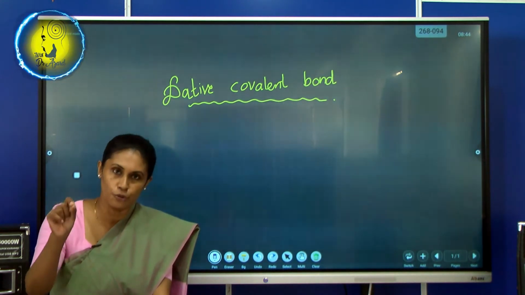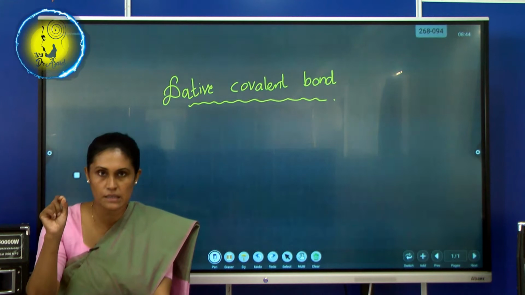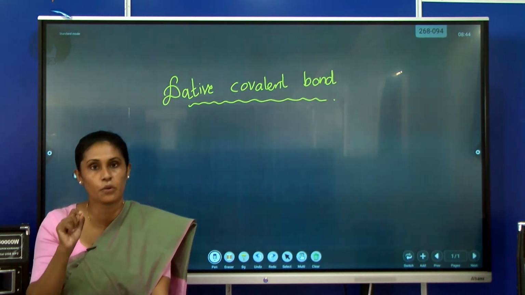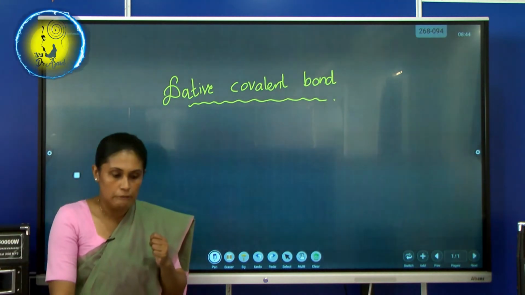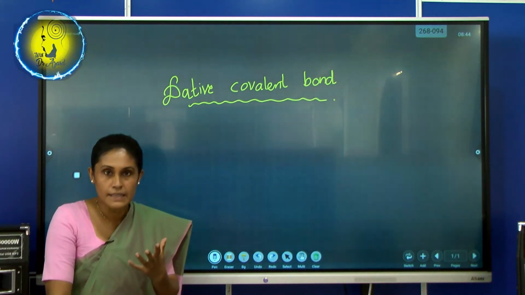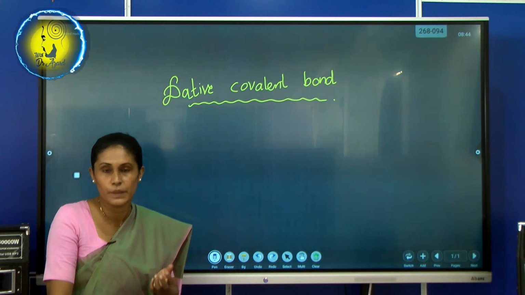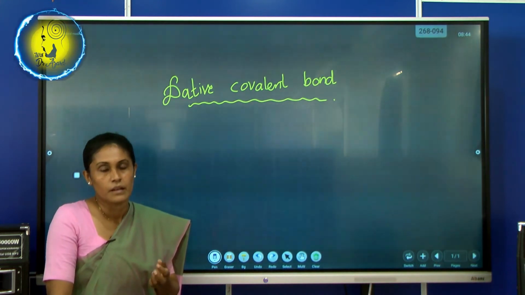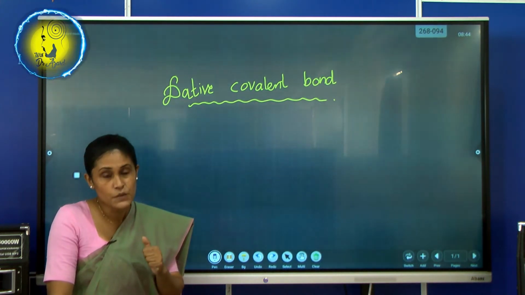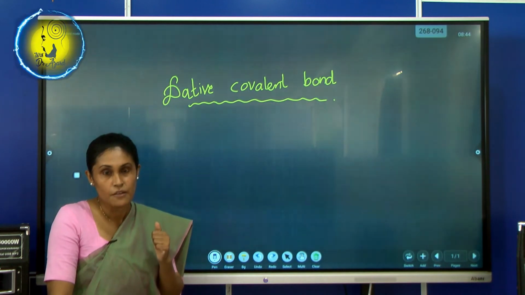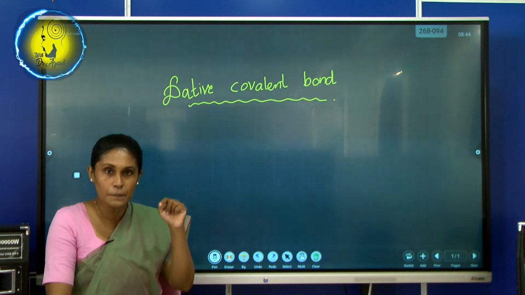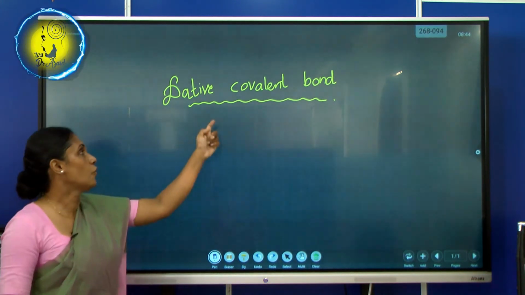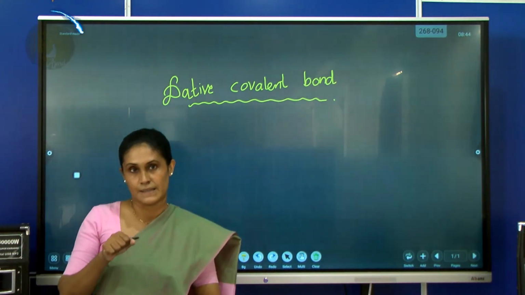I have given you the note, in note 2, what is a dative covalent bond, right? Here we go. When atoms have empty orbitals, they interact with atoms which have lone pairs of electrons, and that is the place where a dative covalent bond takes place.